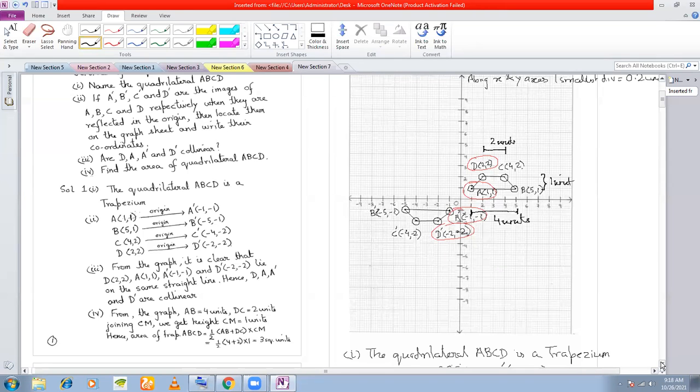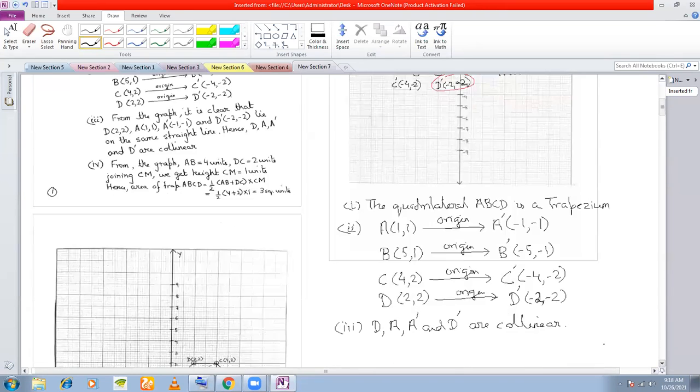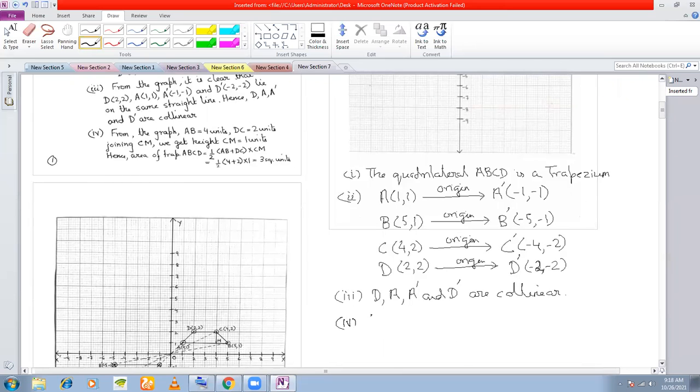So therefore, area of the trapezium ABCD: write the formula first, half into sum of parallel sides into height.